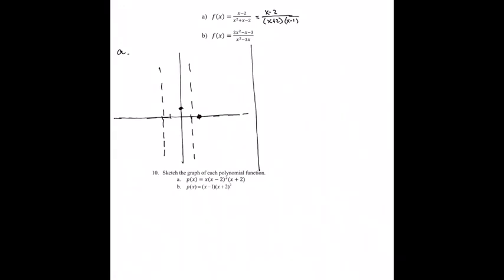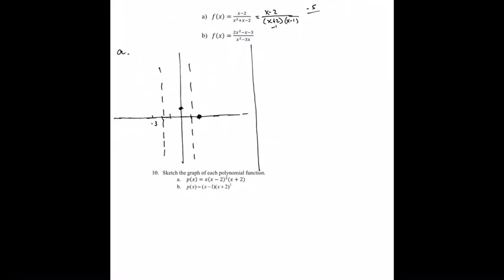Okay. Now, starting on the left side here, there are two choices. The graph can look like this, or the graph can look like that. It can't be both because it wouldn't pass the vertical line test. So I'm going to test a point. I'm going to test negative 3 to see where the graph is at x equals negative 3. If I plug that in for all the x's, I get negative 3 minus 2, which is negative 5.